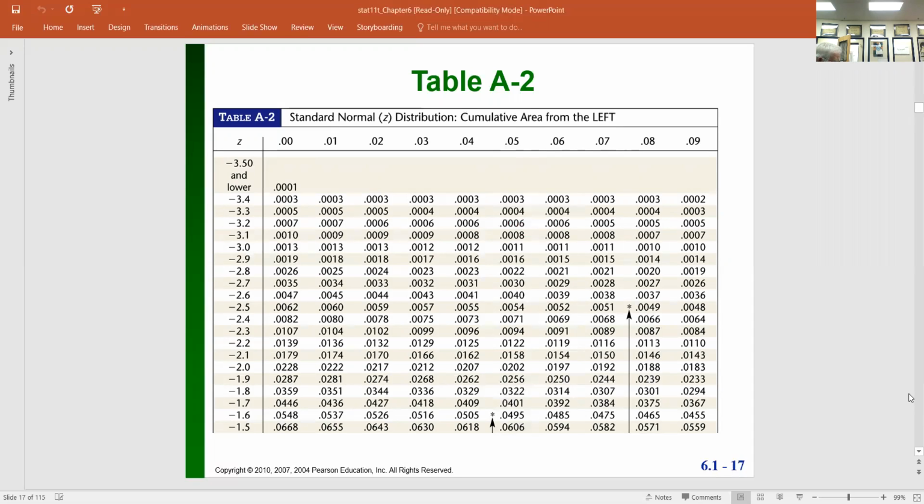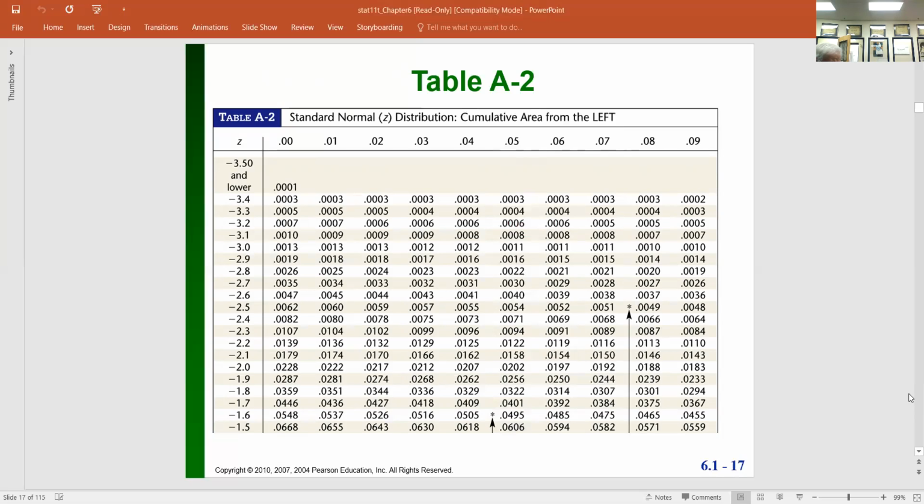Make sense? So to find that percentage of adults that is below 120, we go to a z-score of positive, considering that it's to the right of the mean, so it's positive, of 1.33. And we're just going to leave it at 1.33.